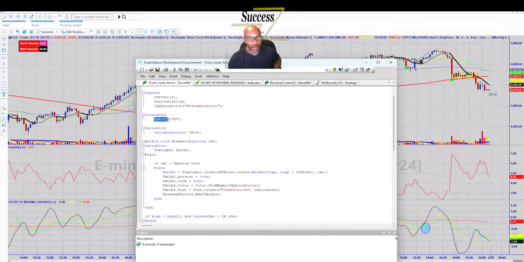But now up arrow is the letter A. So the letter A goes into what TXT is. So now if TXT is equal to up arrow, then we're going to do all this. TXT is equal to up arrow.